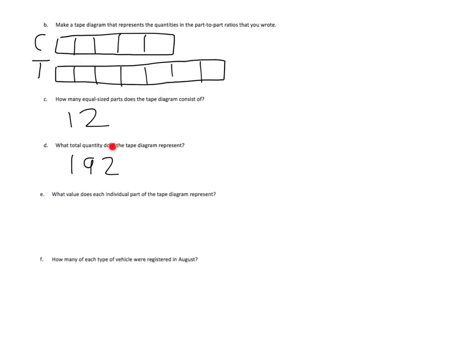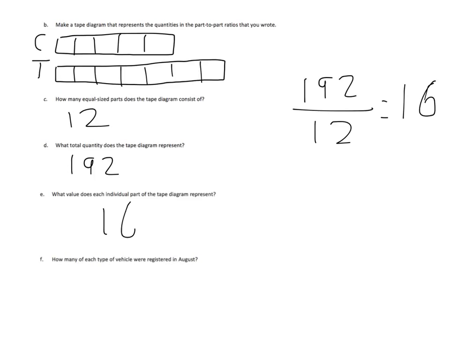Remember, the total is 192, so 12 sections makes 192. So we need to take the 192 and divide it by 12. And that's going to get us how much is in each little section, which is 16. So in each little section, there is 16.